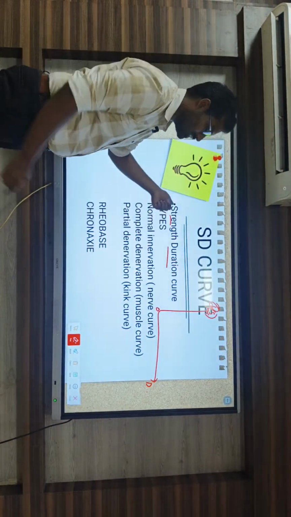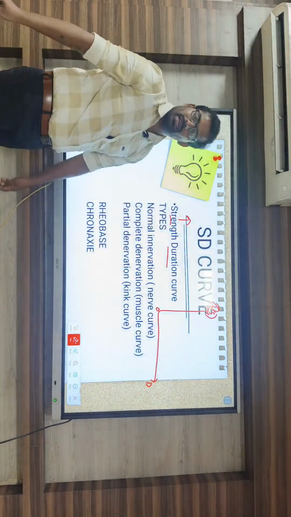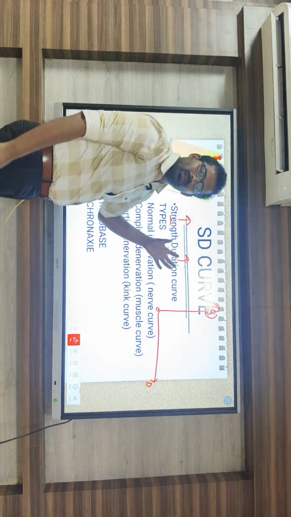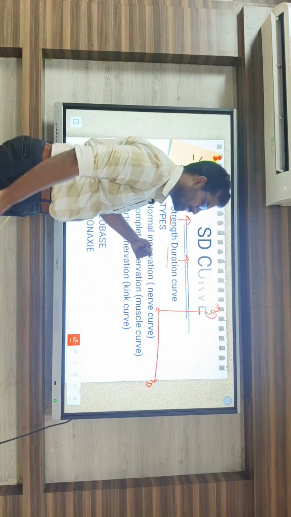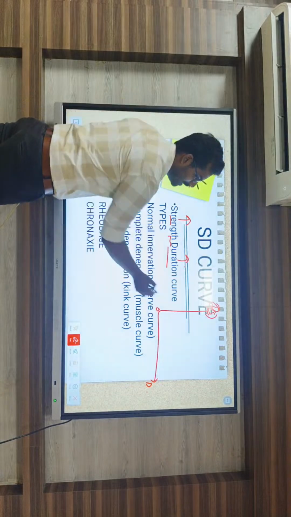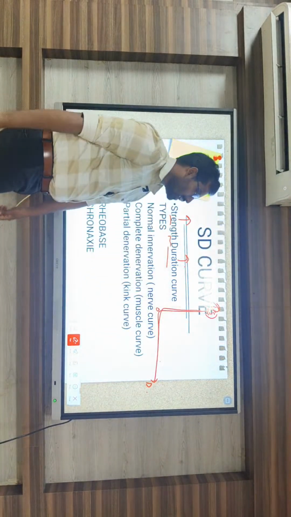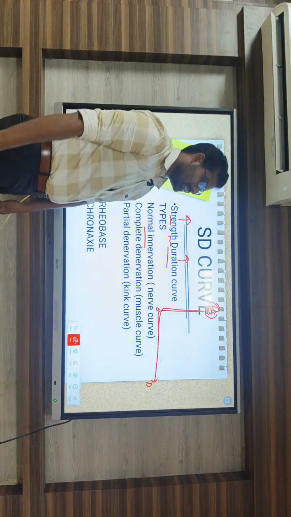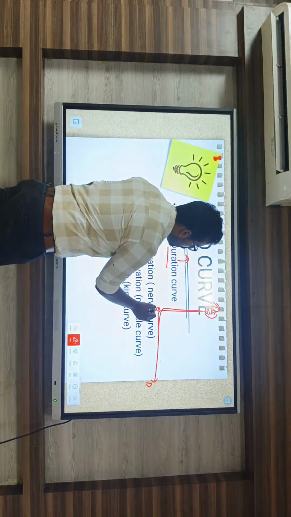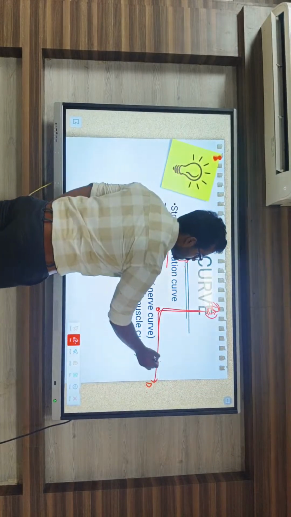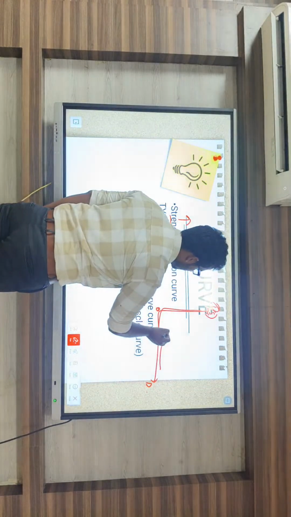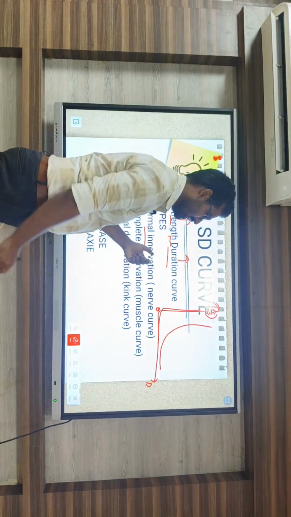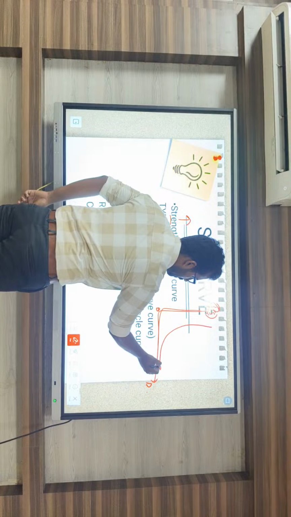Strength resembles the intensity of the electrical current and duration resembles the time it takes for a minimal amount of muscle contraction. This combination is the graphical representation known as the strength duration curve. The first one, normal innervation. So how does it start? This is the zero level. When we start the intensity knob, the muscle contractions begin to flicker. So this is the baseline.